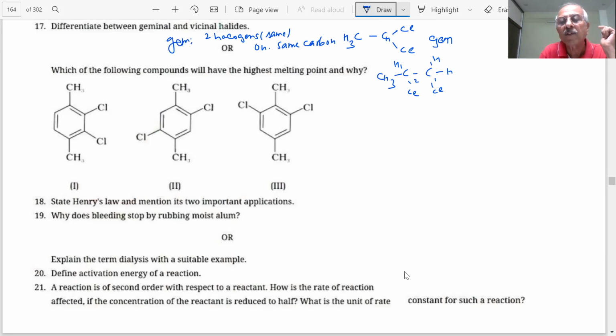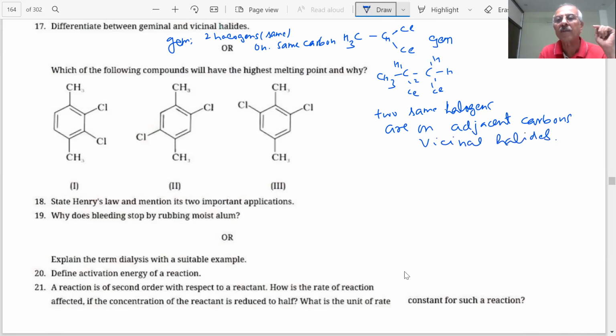And when the same halogens are on adjacent carbons, 1 and 2 here, as you can see, that is called vicinal halides. We have shown it with an example.